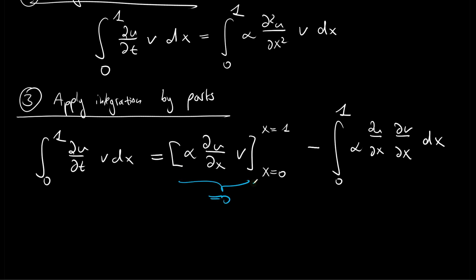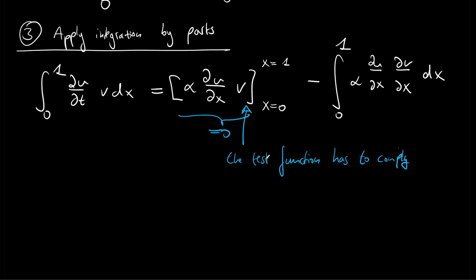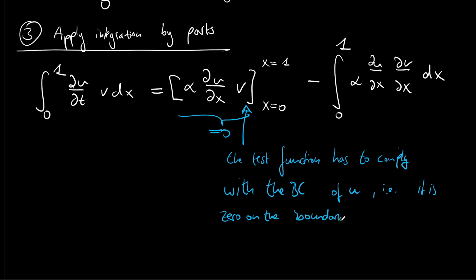So this one will be 0, and that is because the test function has to comply with the boundary condition of u, which was our original unknown. So in other words, it has to be 0 on the boundary, because in our case, we have homogeneous Dirichlet boundary conditions.